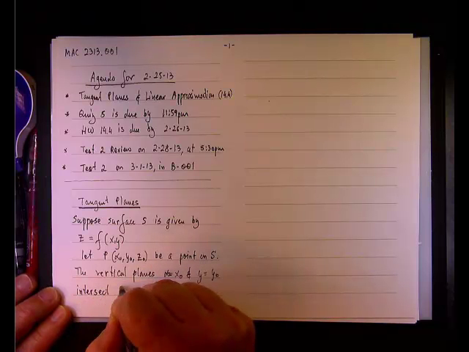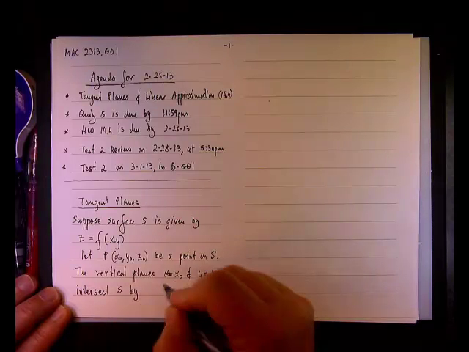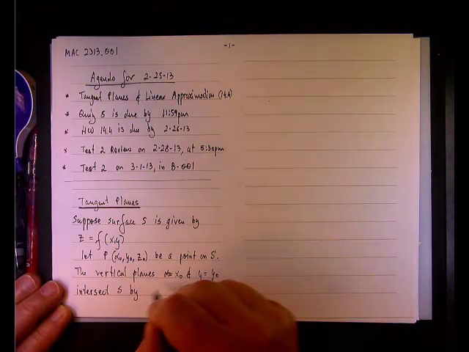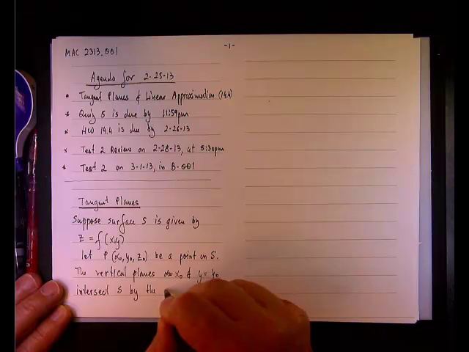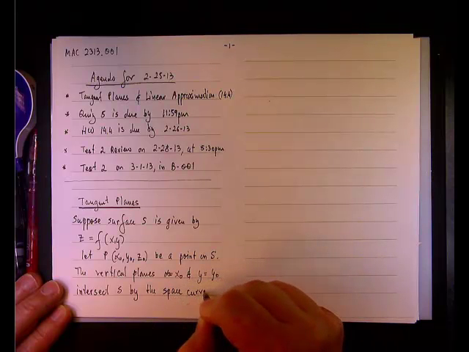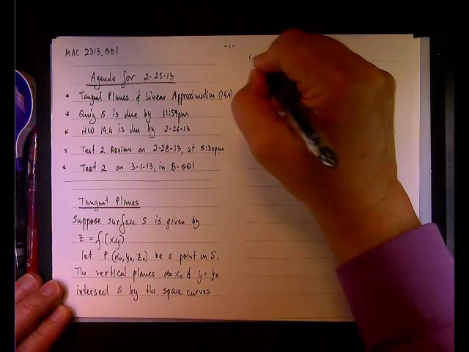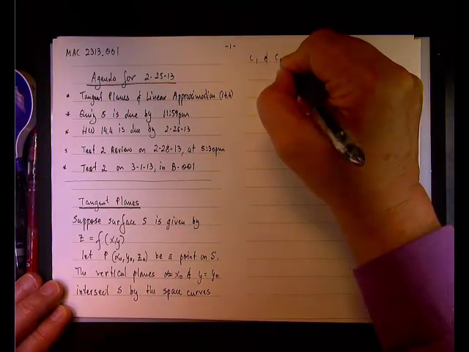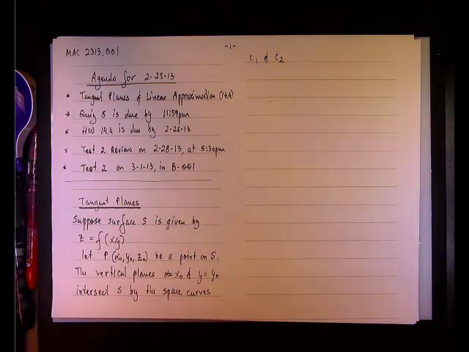So we're going to say that these two vertical planes intersect S in two space curves. We call them C1 and C2.